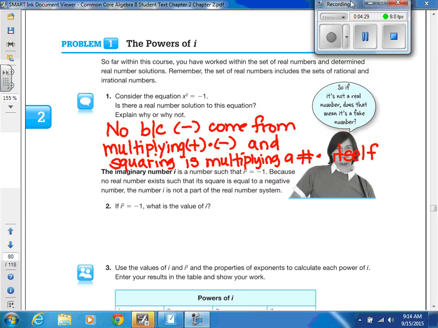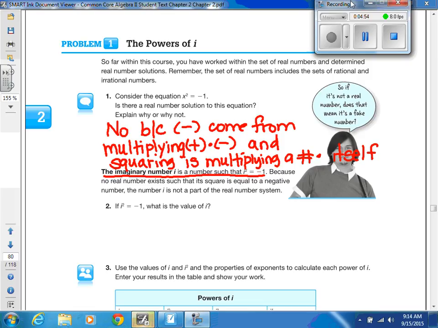So, an imaginary number. What does this have to do with an imaginary number? Imaginary number, we call it i, is a number such that i squared equals negative 1. Right? i squared equals negative 1.